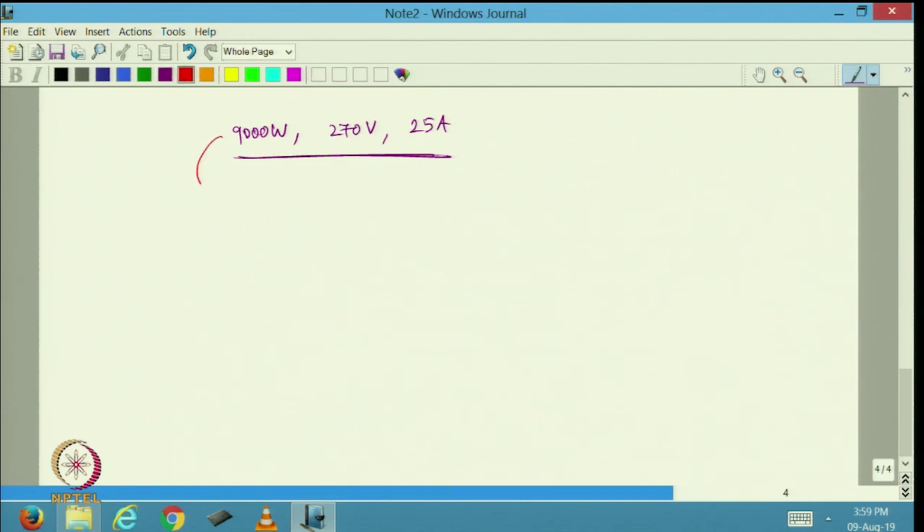So, I can say very clearly per phase loss is equal to 3000 watts, because 9000 divided by 3. This is essentially corresponding to I1 square R1 plus I2 square R2. I know already R1, I am going to assume I1 is approximately equal to I2, which is 25 ampere.